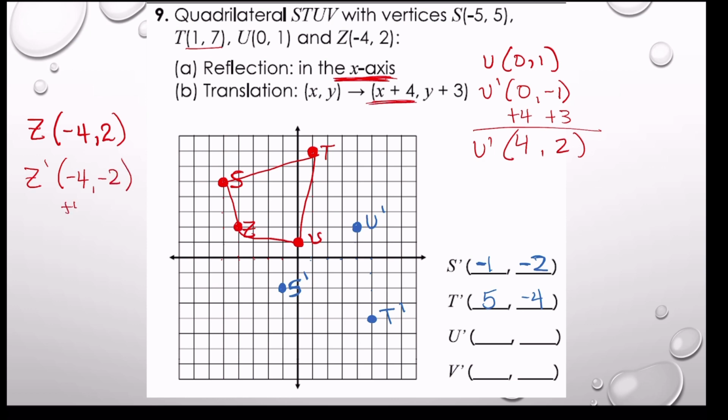Then I'm going to add 4 and add 3. I end up with z prime being 0, 1. Now it's okay, guys. This is what people were getting stuck on. It's okay to have a point on another point. So I end up with z prime right on where u was. But that is okay. All right?